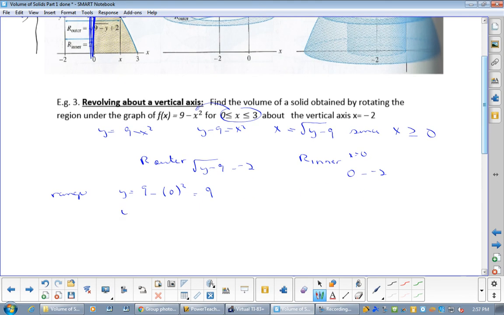And then y equals 9 minus 3 squared equals 0. So I'm finding my range now, when y is greater than or equal to 0 and less than or equal to 9.